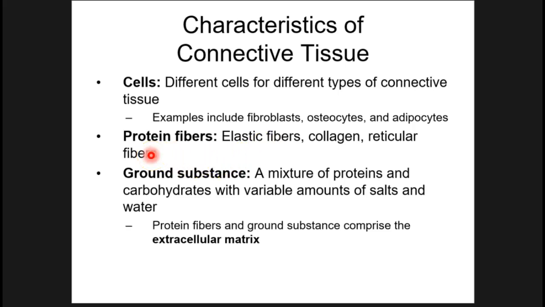So we have a general structure for connective tissue, and that's going to include a lot of collagen, elastin, reticular fibers, and what we call ground substance, which is a mixture of these things and water, complex chains of carbohydrates, which are going to help hold water in, and various things like salt.